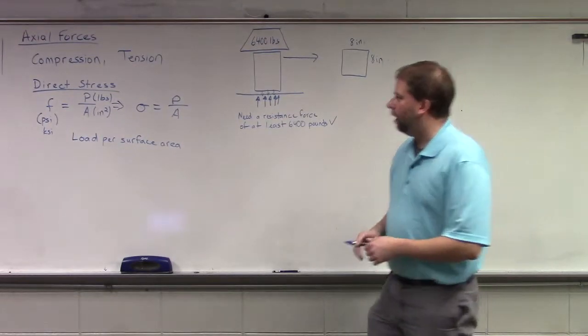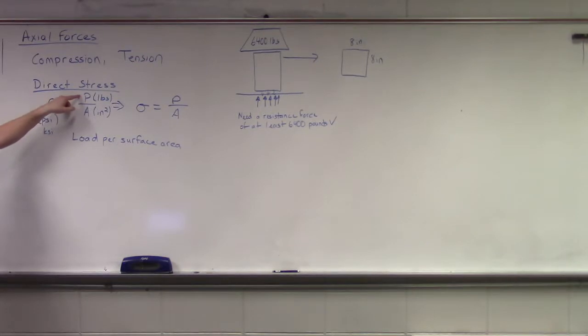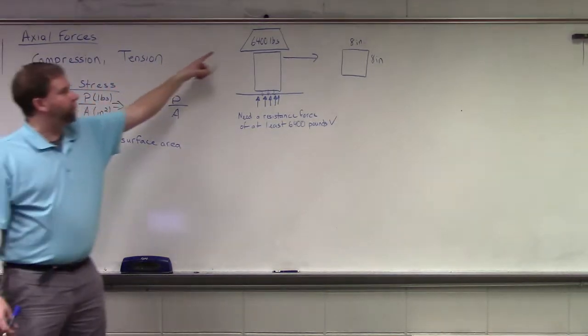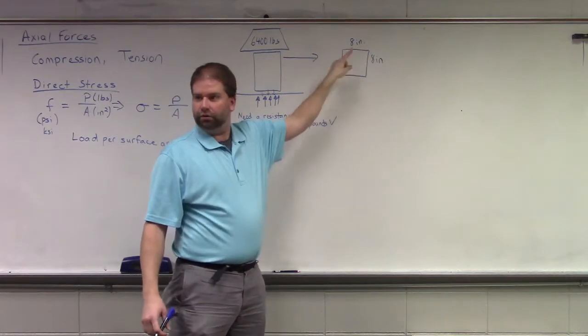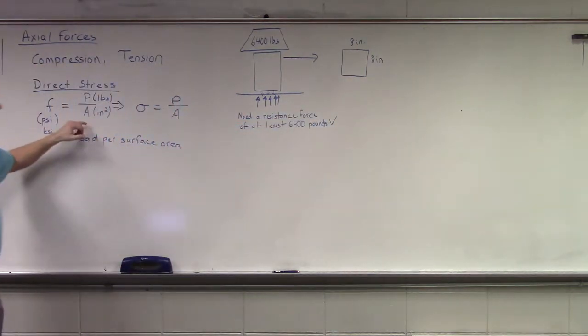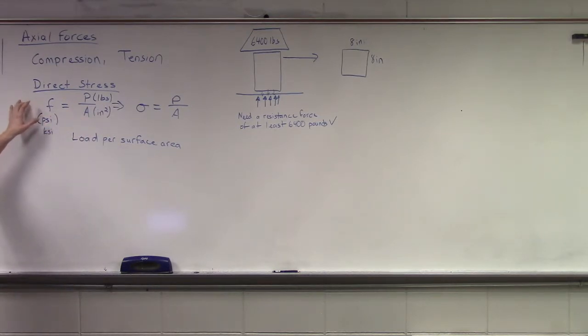Now we have our load: 6,400 pounds bearing completely on this cross-sectional area. We can determine the area of our post, can't we? Then we can determine our direct stress.